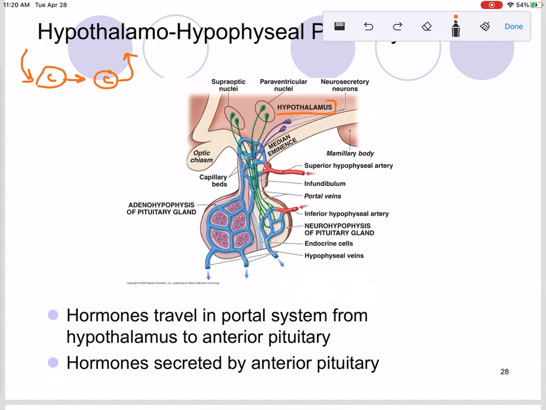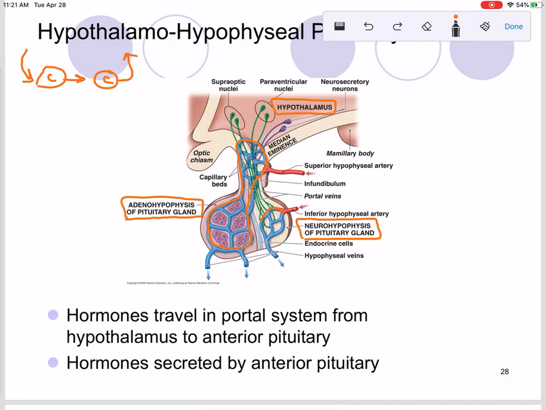The other one is right here, the hypothalamo-hypophyseal portal system. You can really just say it's a portal system between the hypothalamus and the pituitary glands. We have the anterior pituitary gland and we have a posterior pituitary gland. As you can tell, we have two capillary beds.